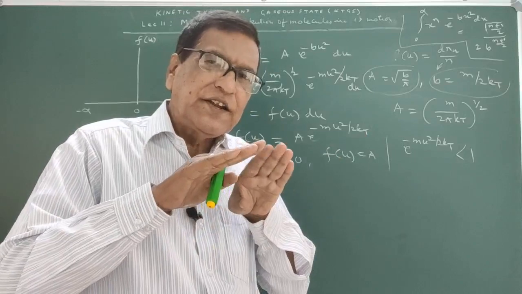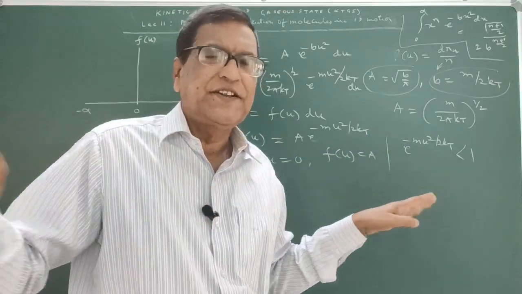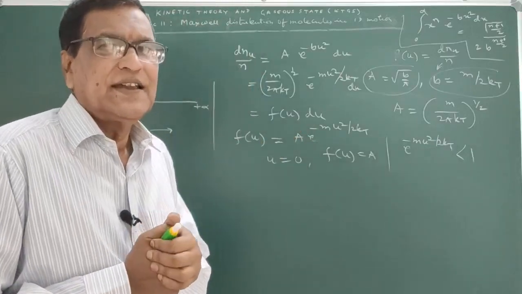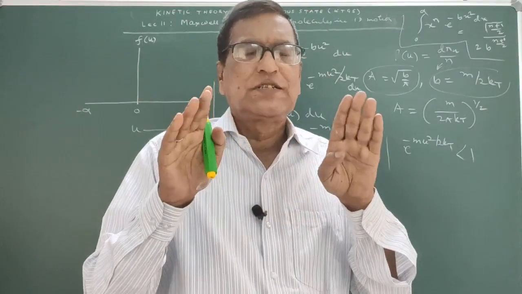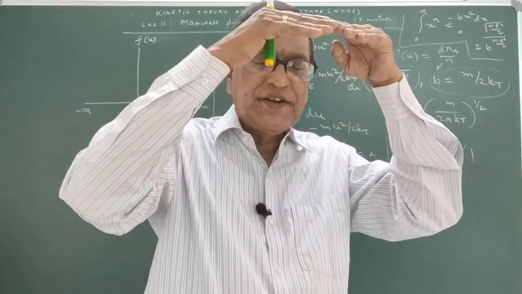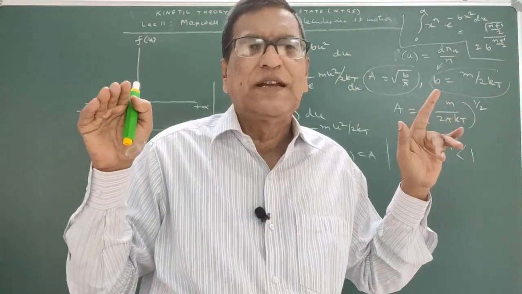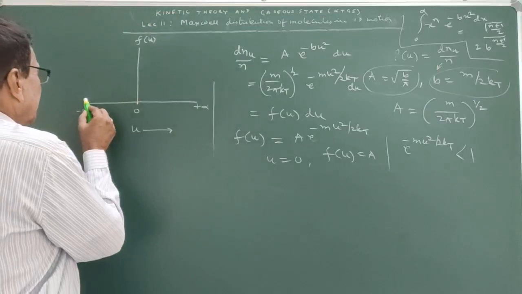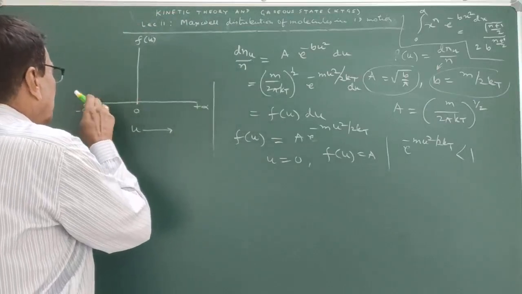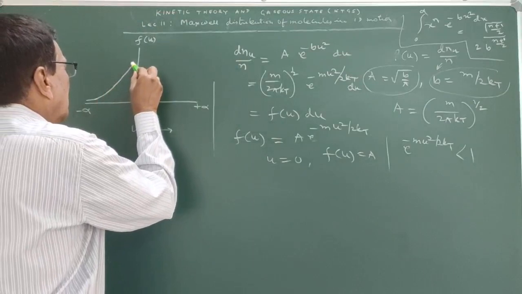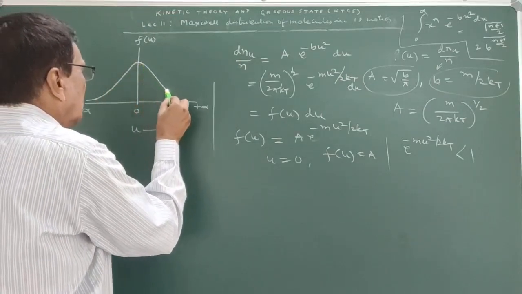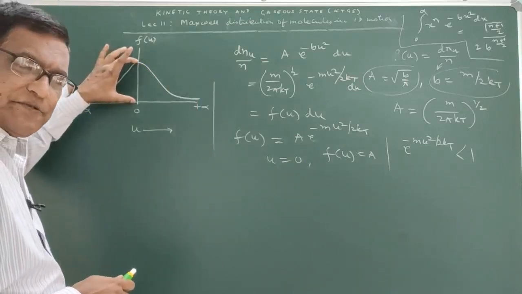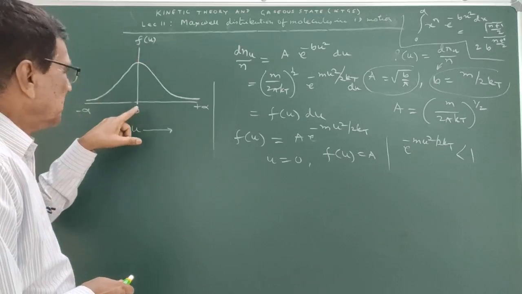With the increase of u in either direction, from 0 to plus infinity or 0 to minus infinity, the value of this function will be decreasing exponentially and becomes asymptotic. So this curve will be like that. This value is A when u equal to 0.